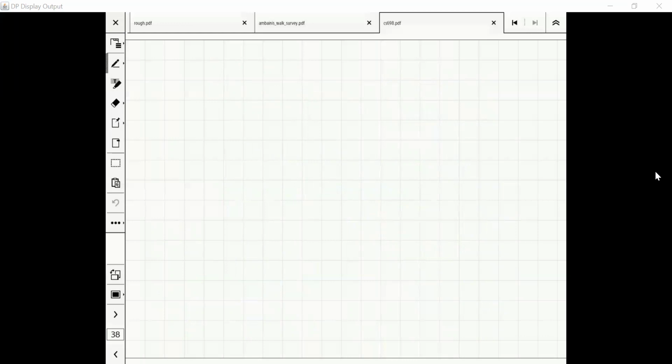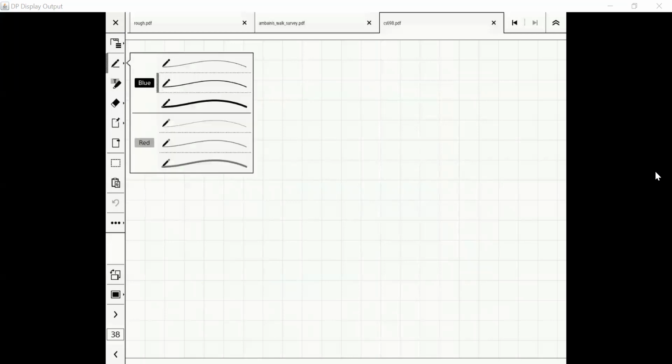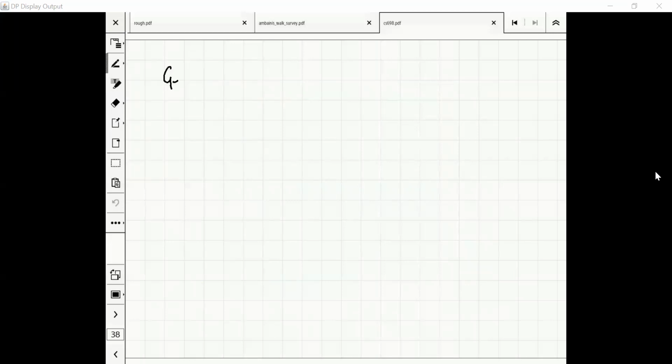Okay. Let's take one more example to make sure that we understand this adversary argument. This is going to be the graph connectivity problem. What is the graph connectivity problem?